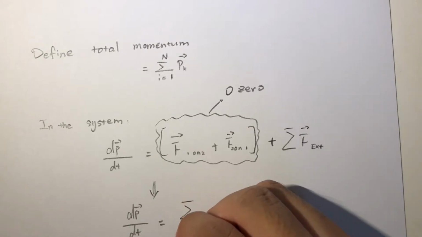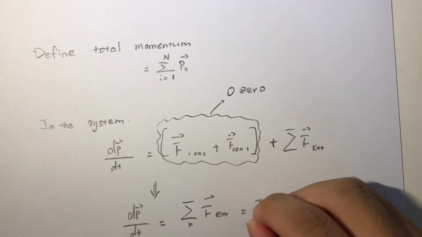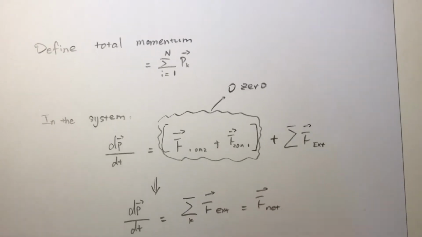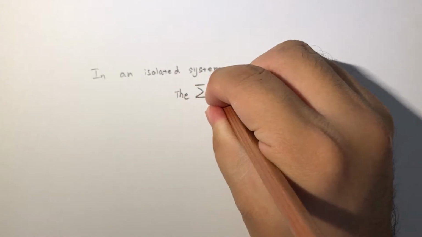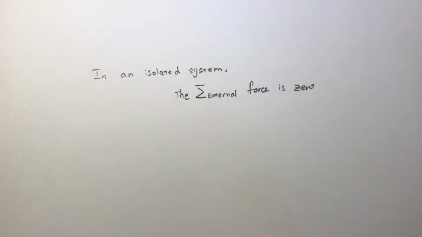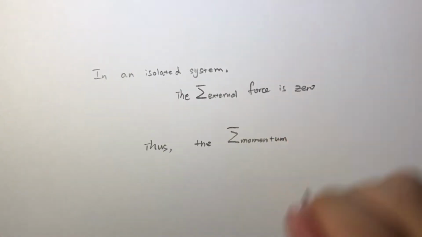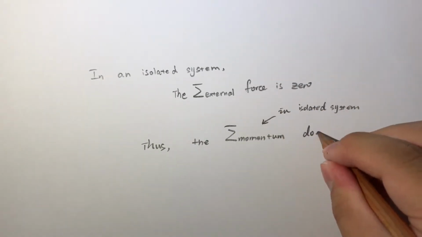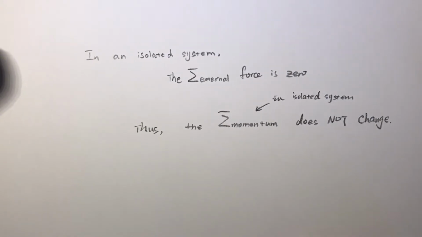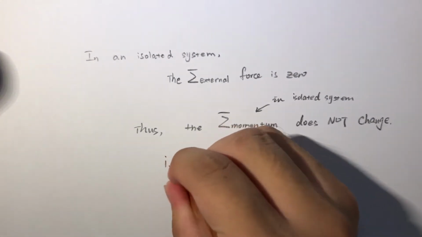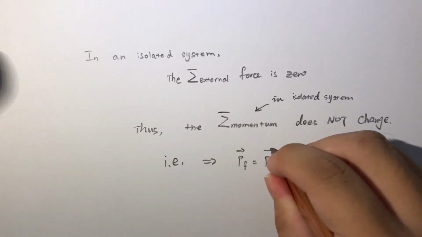So the net force is the sum of external forces. In an isolated system, the sum of external forces is 0, so the total momentum does not change. In addition, we can describe this with a formula: P final is equal to P initial.